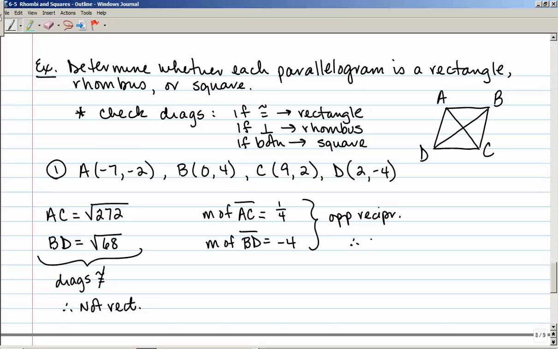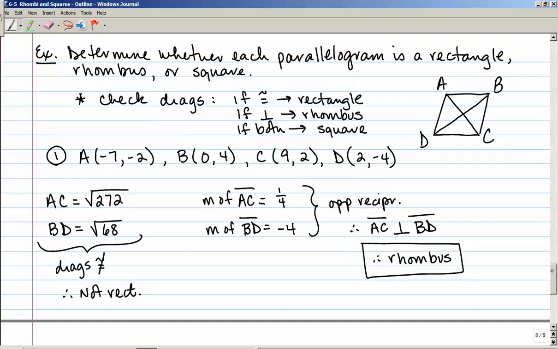Therefore, AC is perpendicular to BD, and if the diagonals are perpendicular, it is a rhombus. And parallelogram ABCD cannot be a square because, remember, in order for it to be a square, the diagonals have to be both congruent and perpendicular to each other. So this is only a rhombus.